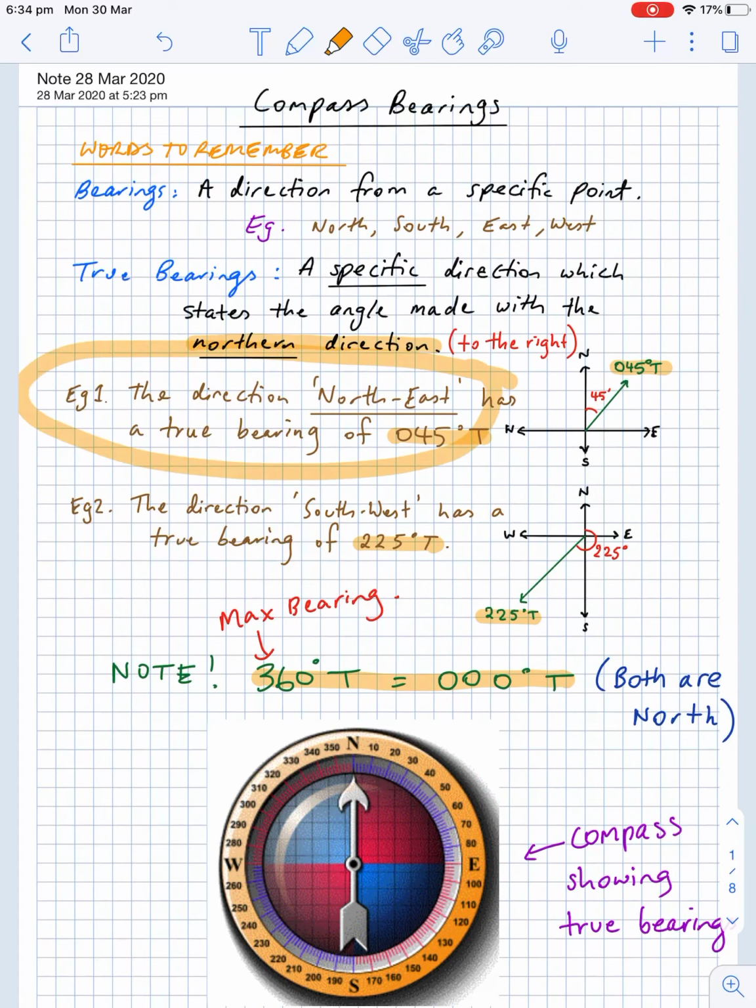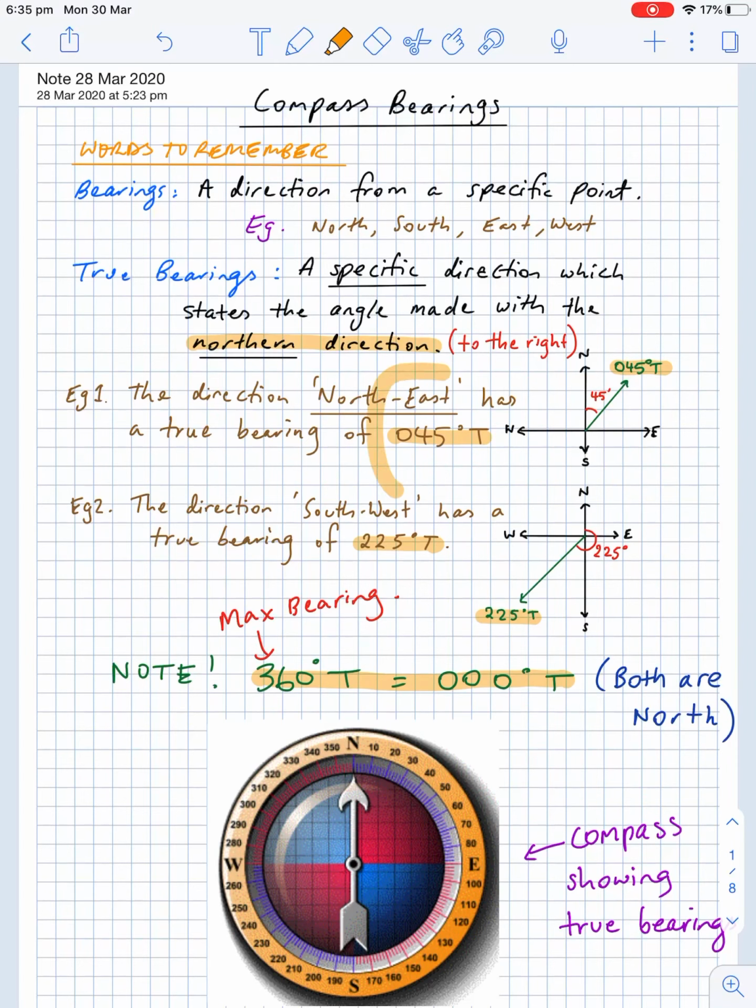Here's an example of a true bearing. The direction northeast. We know that northeast is directly between north and east. So this green line here is in a northeastern direction. It has a true bearing of 045 degrees true, or T. There's always three digits with true bearings.